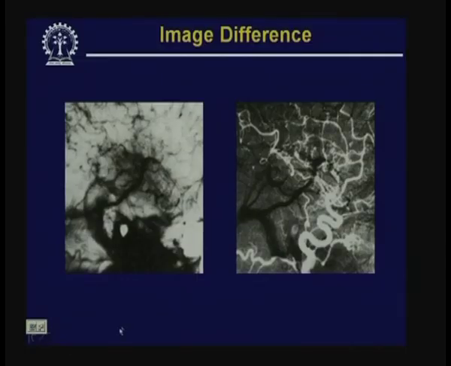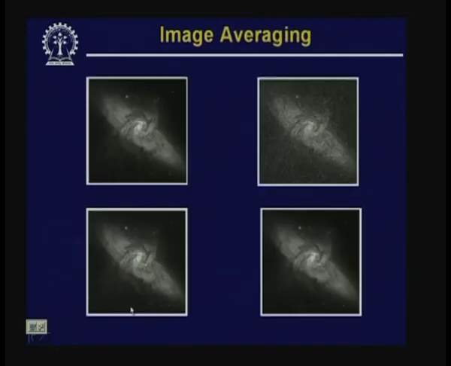This kind of operation is very useful in astronomy, because normally the objects which are imaged have very low intensity, so the captured image is likely to be dominated by noise. Here is the image of a galaxy on the top left, and on the top right the corresponding noisy image.